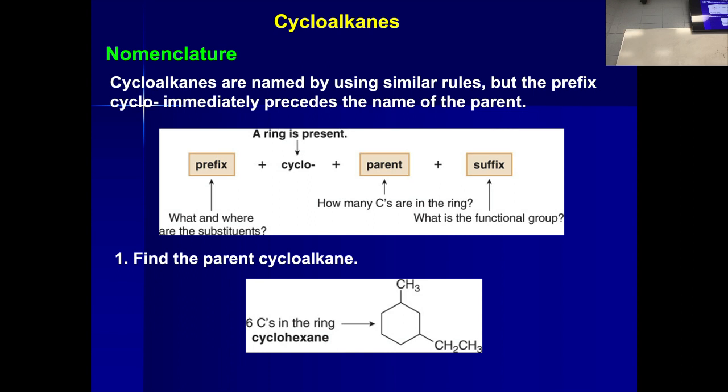So how am I going to name it? It's going to be a dimethyl isopropyl nonane, right? So I've got methyl groups on carbons 3 and 4. So it's going to be 3, comma, 4 dash.